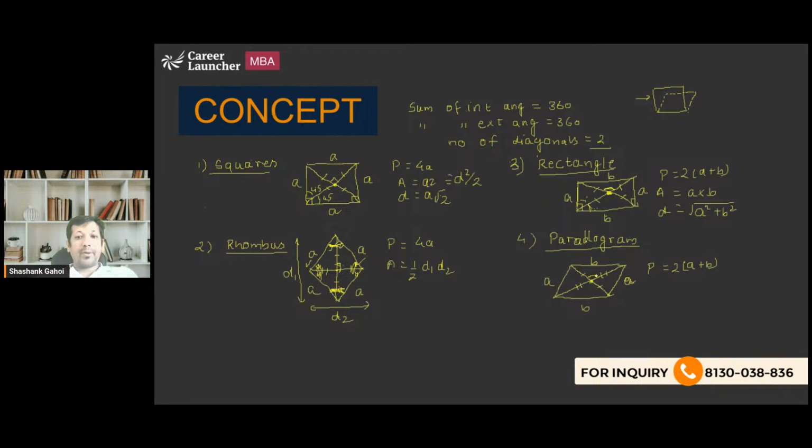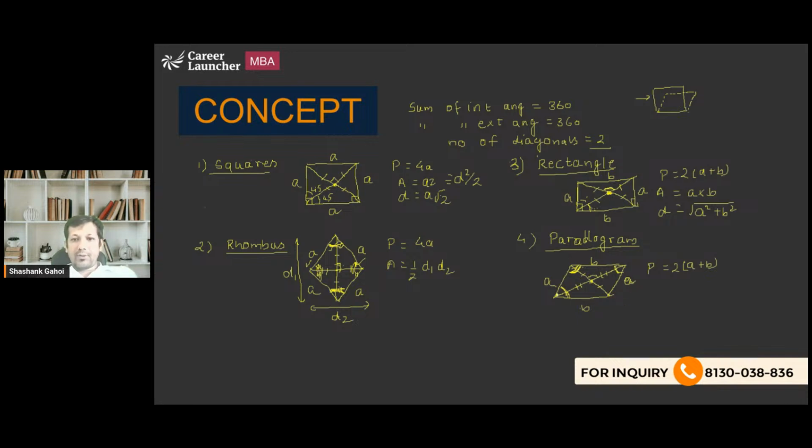But the angle between them is not 90. If this angle becomes 90, you can conclude A equals B, it is a rhombus. You can't conclude it is a rectangle. You can conclude it is a rhombus. As well, opposite angles are equal, means this whole angle is going to be equal to this whole angle, and this angle and this angle are going to be supplementary. So basically this is the property of a parallelogram.